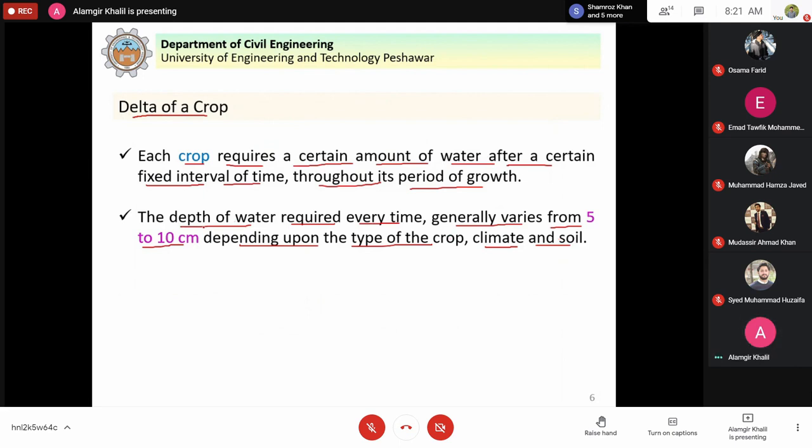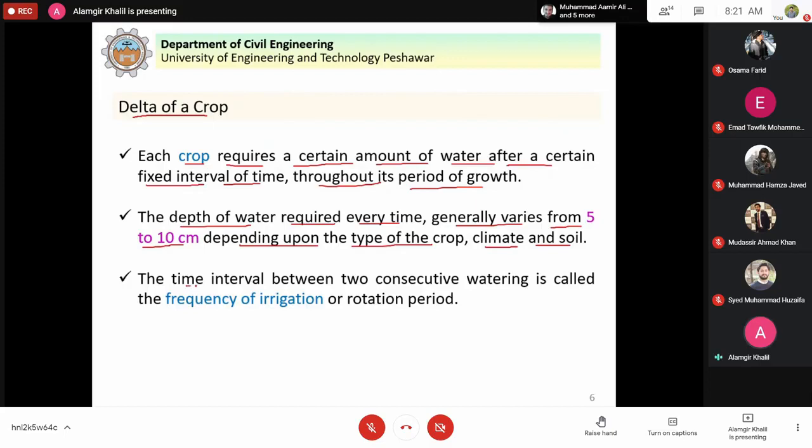That is why the depth varies depending upon the type of crop, the climate of that area and the soil conditions. The time interval between two consecutive waterings is called the frequency of irrigation, and it is also known as the rotation period.